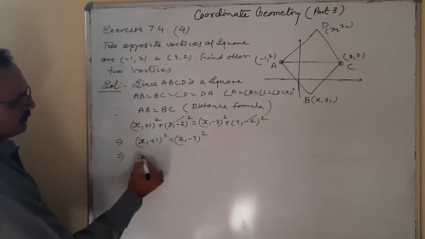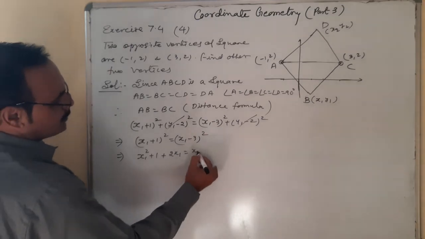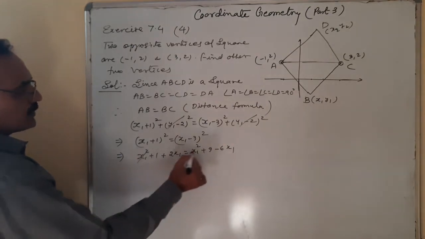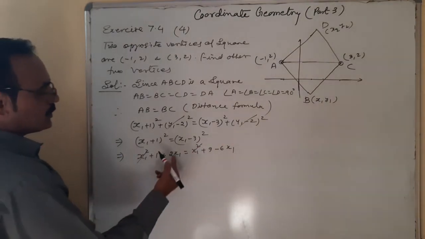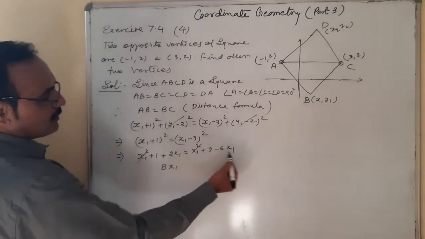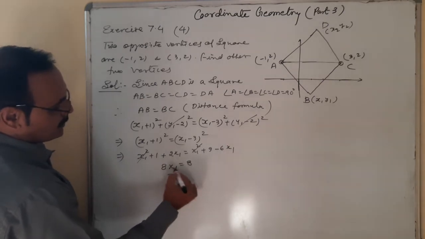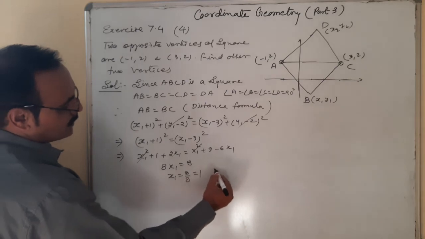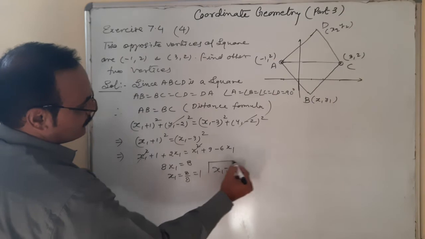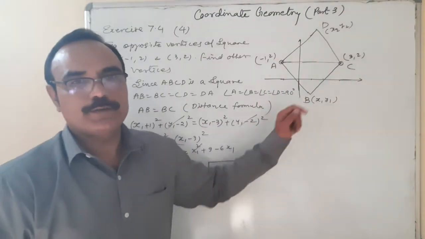Using (a plus b) whole square: x1 square plus 1 plus 2x1 is equal to x1 square plus 9 minus 6x1. x1 square is cancelled, 2x1 plus 6x1 is 8x1, which is equal to 8. So x1 is equal to 8 upon 8, which means x1 is equal to 1. We got one value.